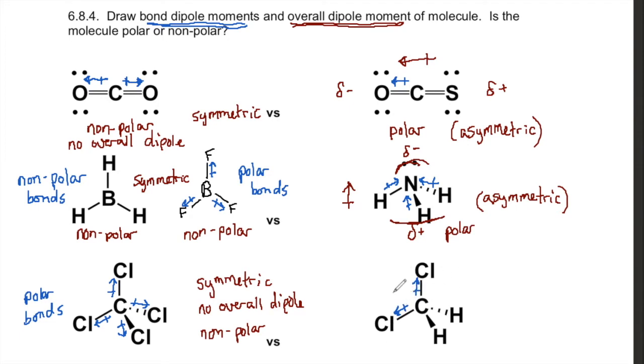This one has more of an asymmetric shape because we have the chlorine pulling up and the chlorine pulling down and to the left, and we don't have pulls by these hydrogens on the electrons to counteract those pulls. So this asymmetry causes an overall dipole in this direction, sort of up and to the left. And so this is a polar molecule.